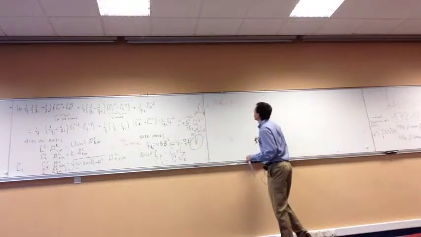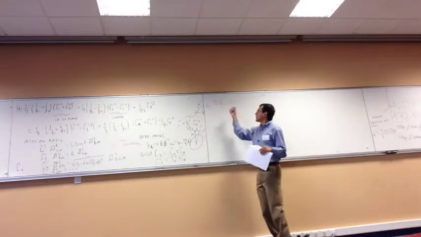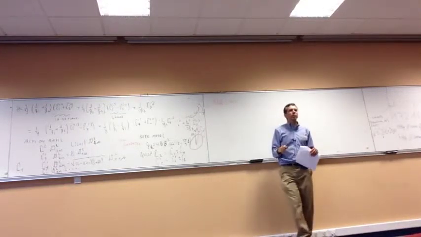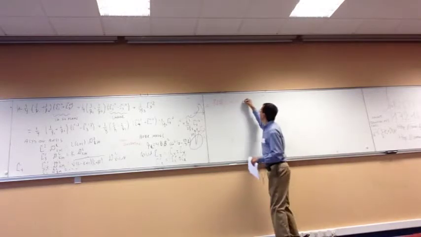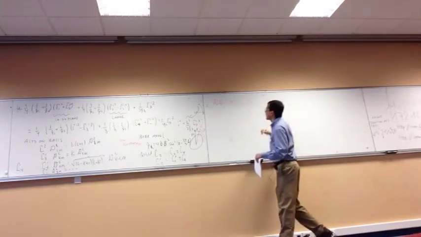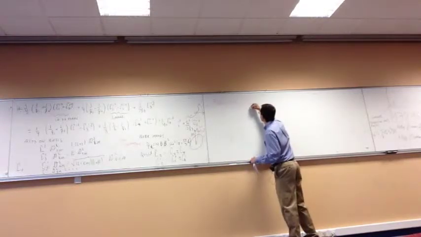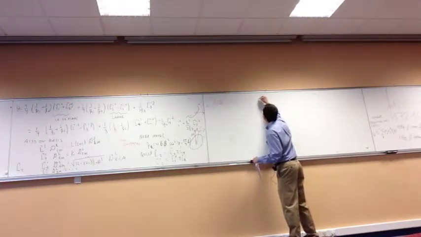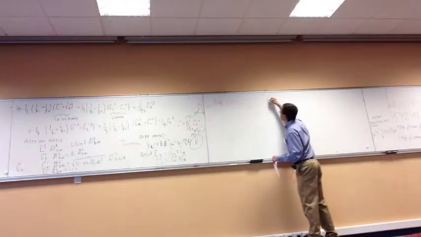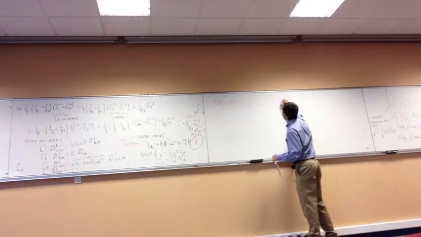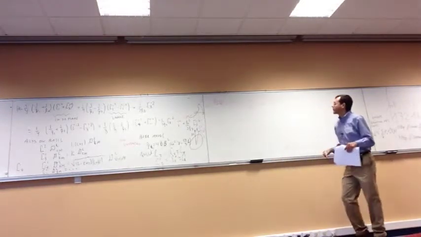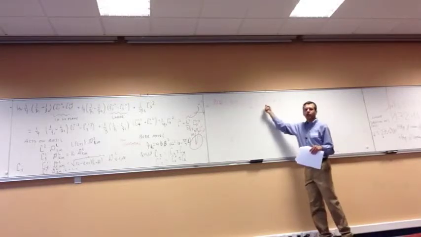Rotating a state will not change its angular momentum, but it will give us some linear combination of the other m states, some linear combination of m prime, L m prime. The D function gives us those coefficients.